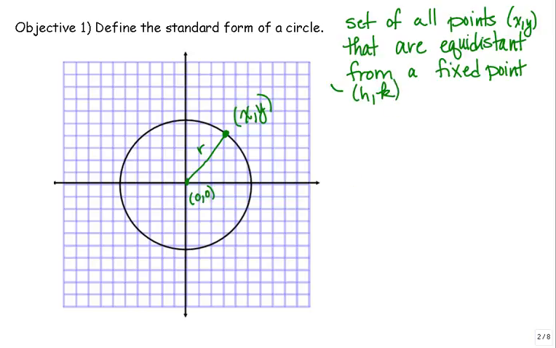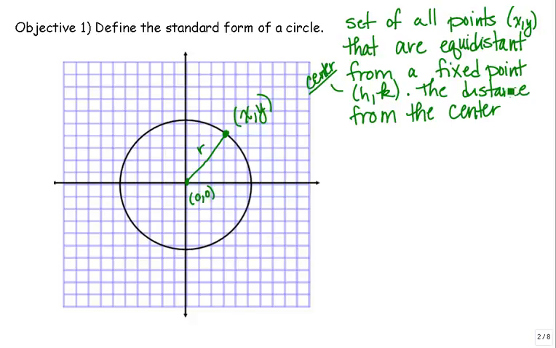That fixed point happens to be the center, and the distance from the center to a point on the circle is what? Yeah, you hopefully have seen this throughout your life. It's the radius, right? That's what we call the radius.